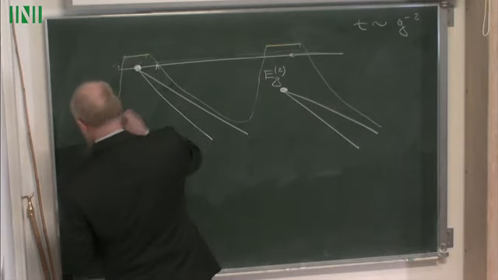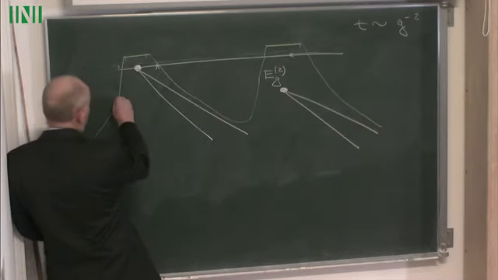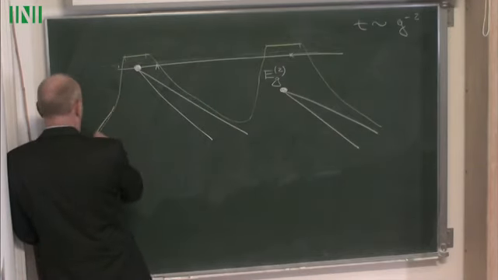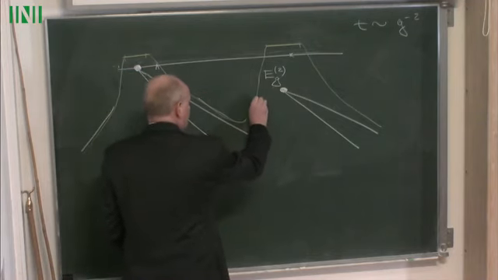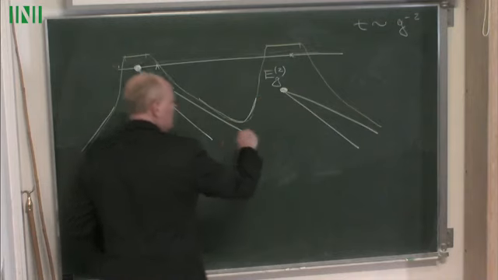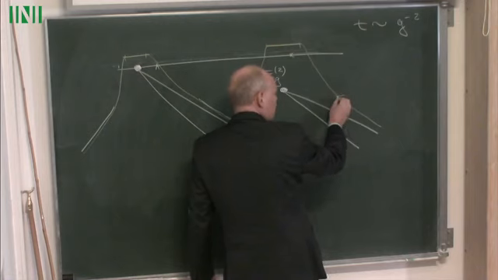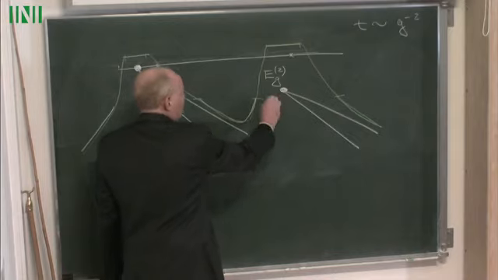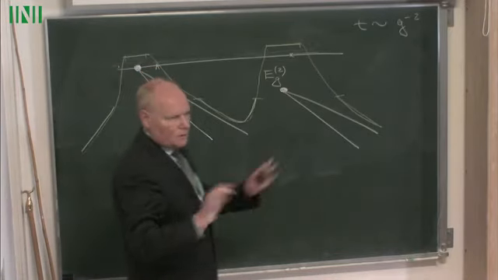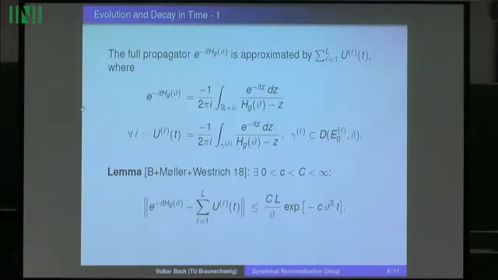And then all parts that I draw green now, so they're well below, the imaginary part is in magnitude bigger than the biggest distance of a resonance energy from the real axis. These green parts of the contour can just be thrown away. They don't contribute to the propagator, only with a negligible contribution.